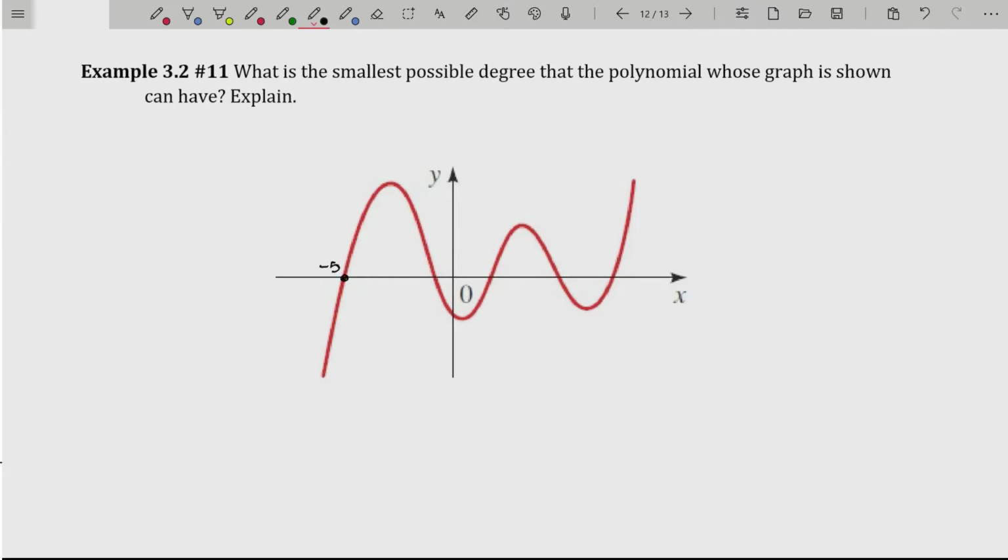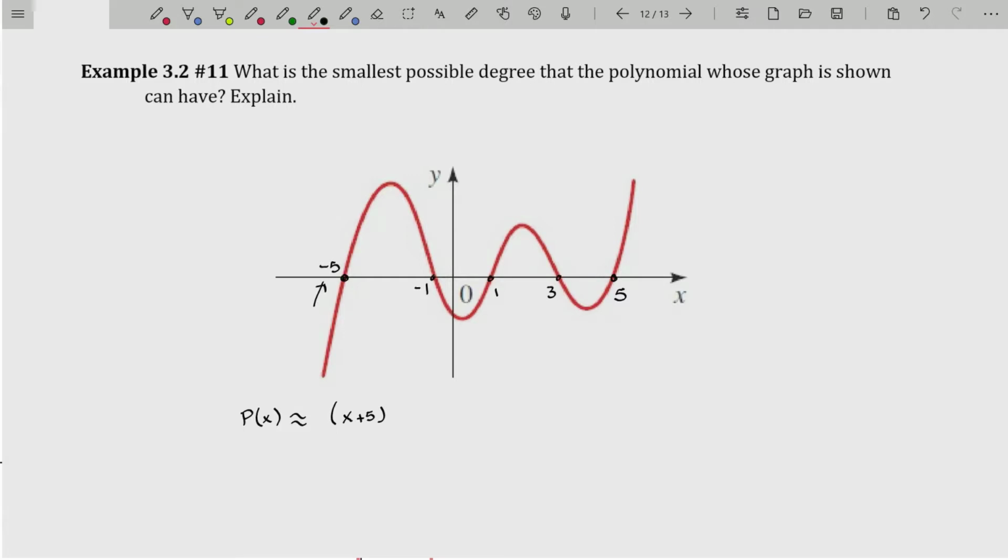Like this could be -5. That's probably -1. That's probably +1. And this is probably +3. And that's probably +5. Let's just say. All right. If that's the case, then the polynomial is at least, so I'm going to just say it's roughly x plus 5 because of that 0, x plus 1 because of that 0, x minus 1 because of that 0, and x minus 3 from that guy right there, and an x minus 5 from this guy right here.